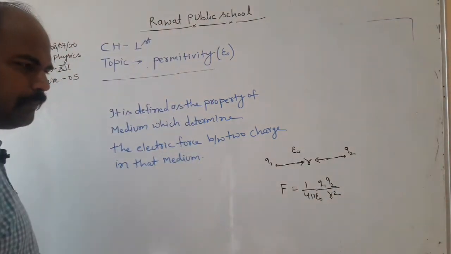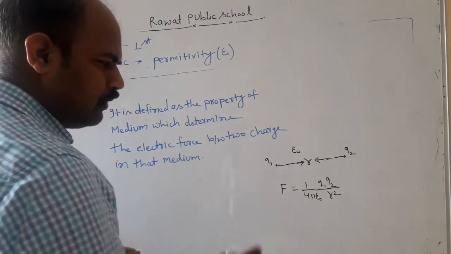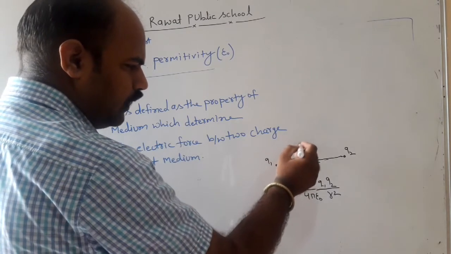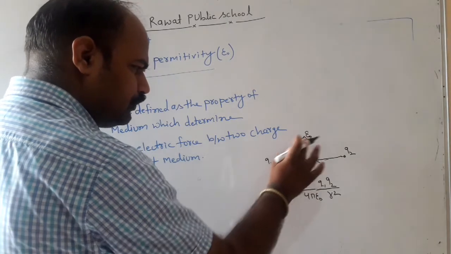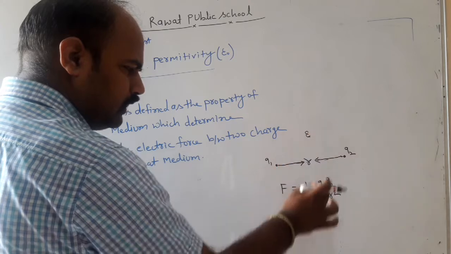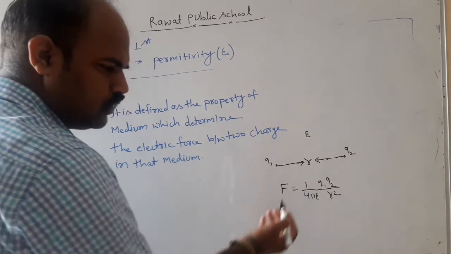This is the formula. If Q1, Q2 and R are constant, but we change the medium, suppose vacuum is replaced by cotton, the permittivity will change. Now permittivity is E. So when permittivity changes, force also changes.